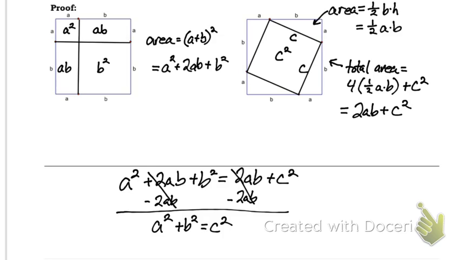It's an arithmetic proof. I didn't actually say I'm allowed to subtract things on both sides. I didn't put the subtraction property of equality or anything. But this proves that A squared plus B squared is going to equal that diagonal that's right between them that we named C squared.